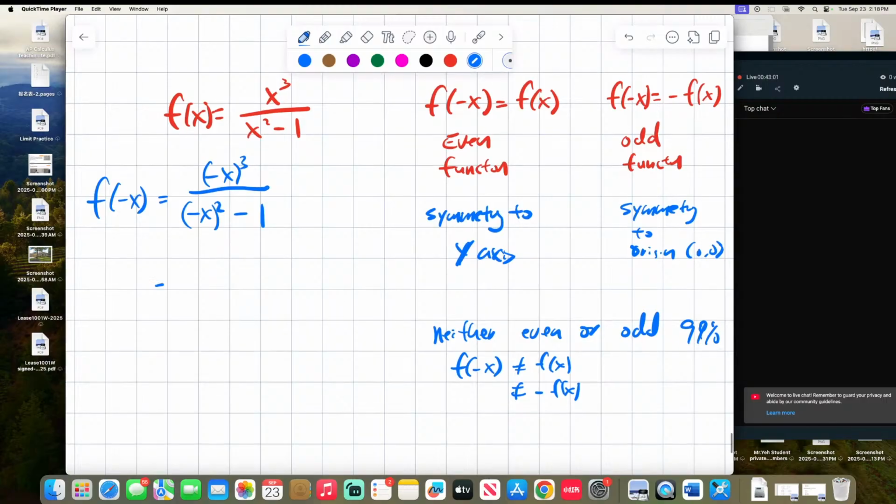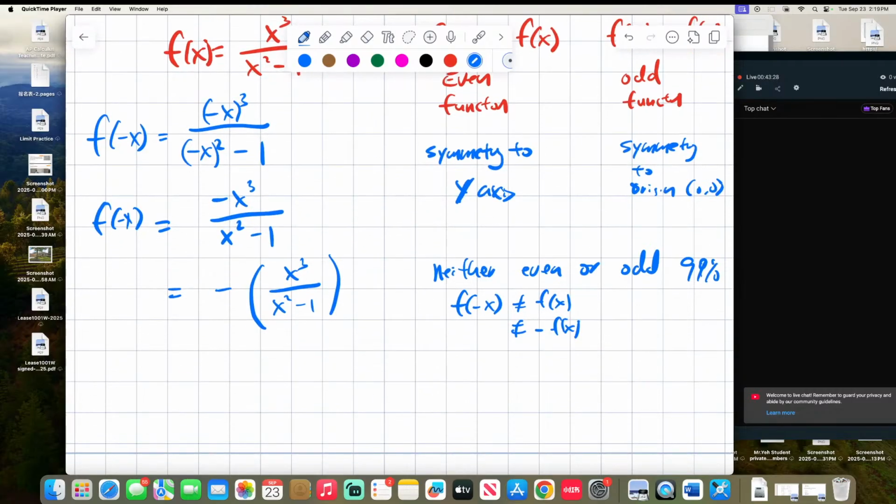Now I'm gonna simplify the top. What's on the top? Negative times negative is what? Negative. So it'll be negative x cubed, right? And on the bottom, it's going to be negative x squared. And then I can put a negative sign in front of it. So it'll be x cubed over x squared minus 1.